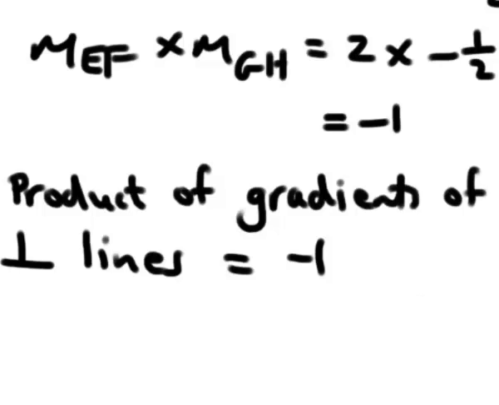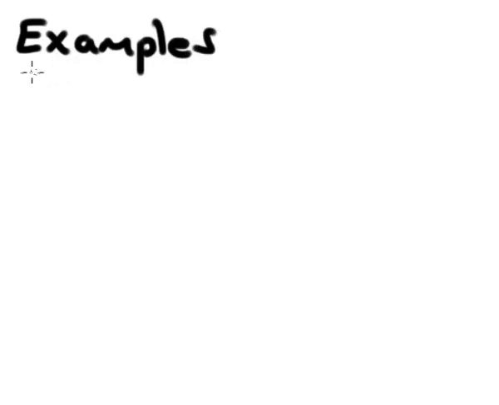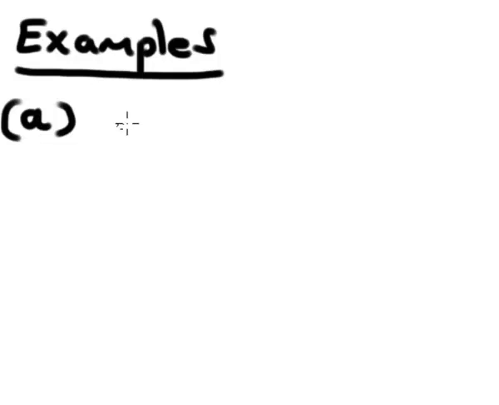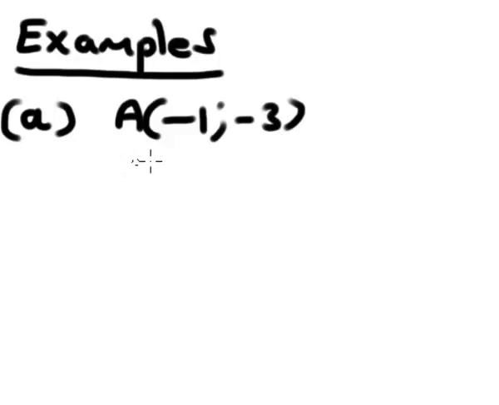Okay, so let's explore another example quickly. In this example, I'm going to give you 2 line segments. In the first one, A, I'm going to give you a line segment AB. A is the point negative 1, negative 3, and B is the point 2, 1. So that's one line segment, AB.